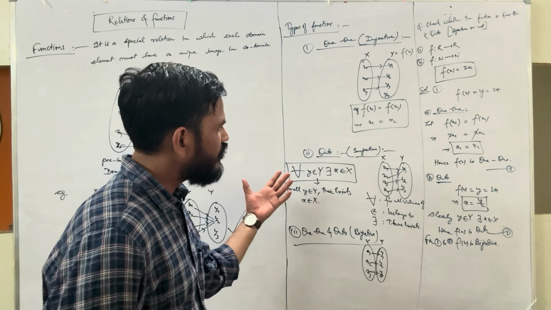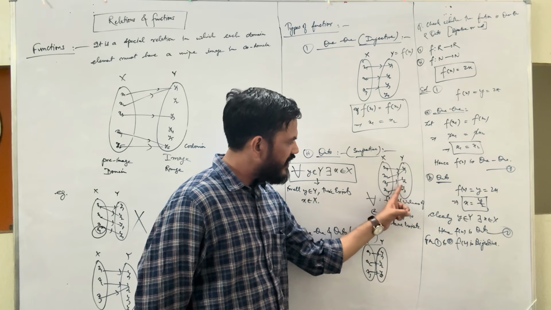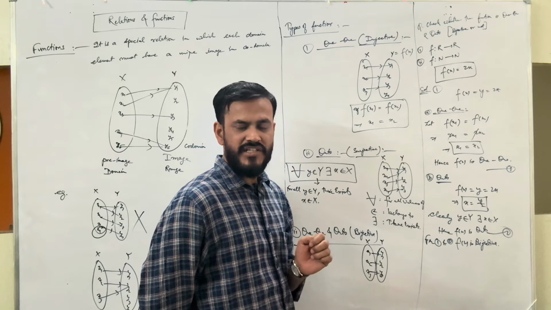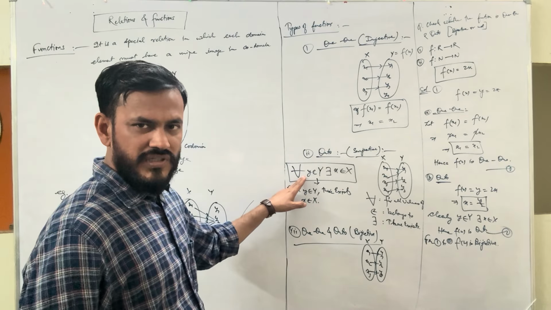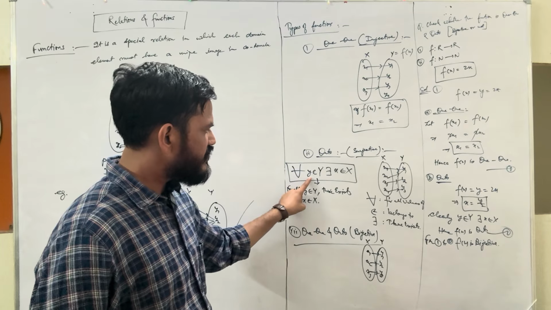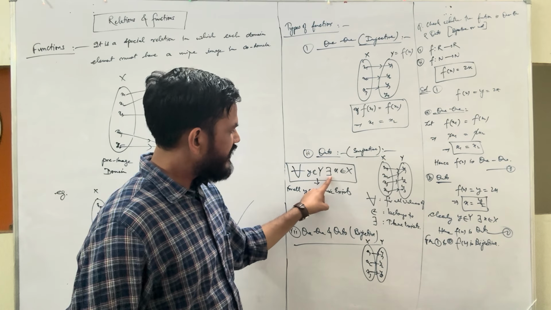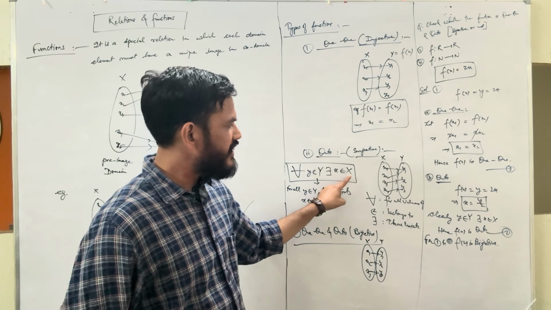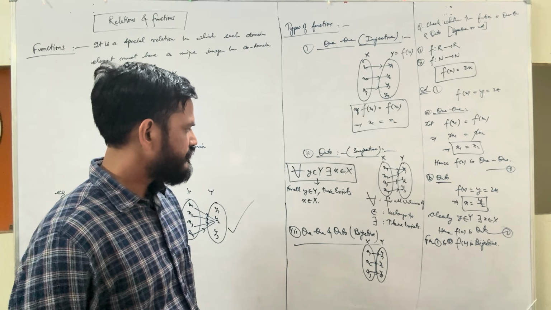The other function is onto, which is surjective. It only says that all the elements of codomain must have a pre-image. That means, to write it algebraically, for all values of y in Y, there exists x belonging to X. That means for each value of y, there should be some pre-image.